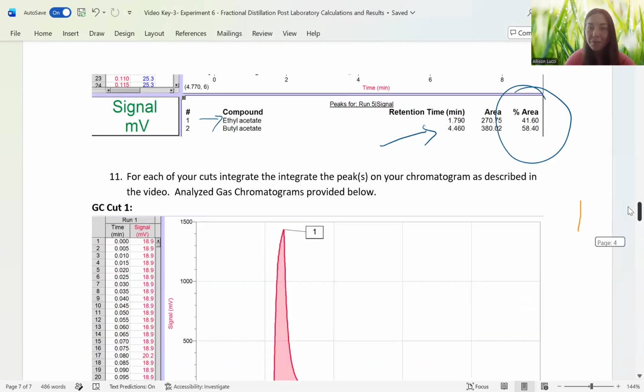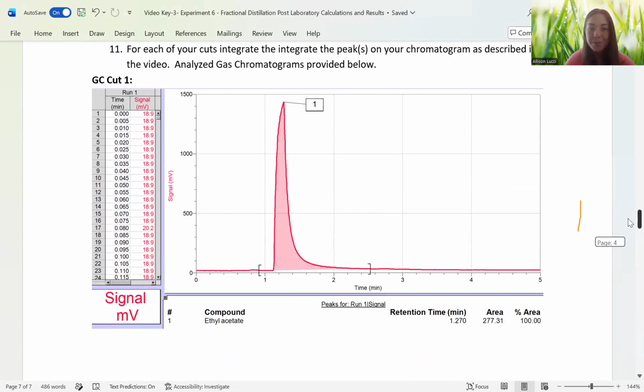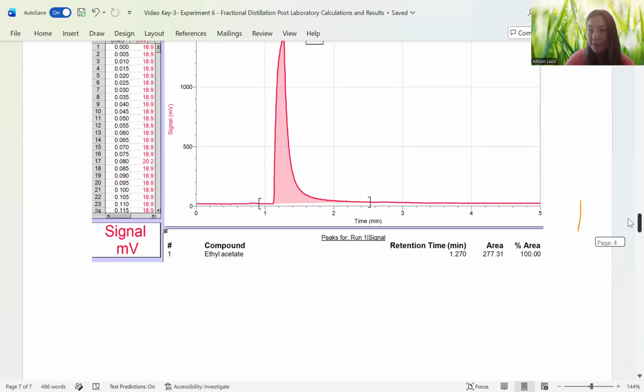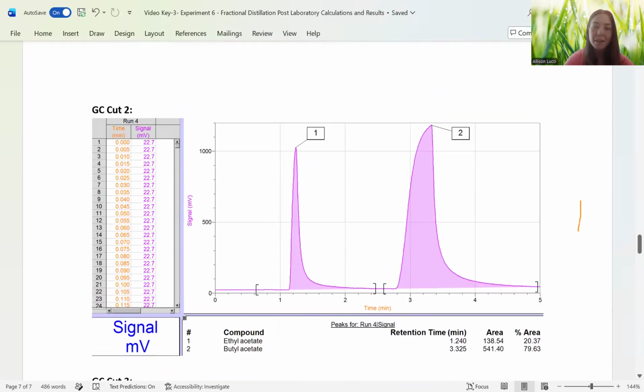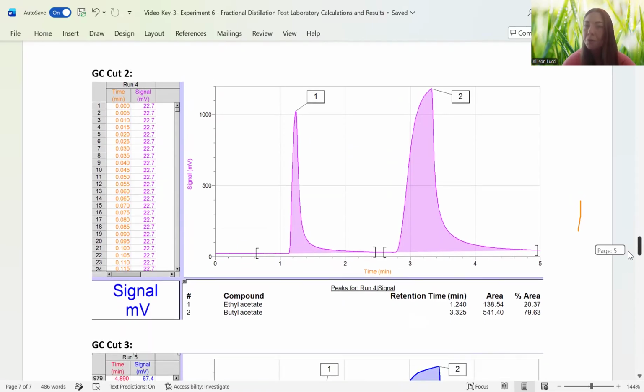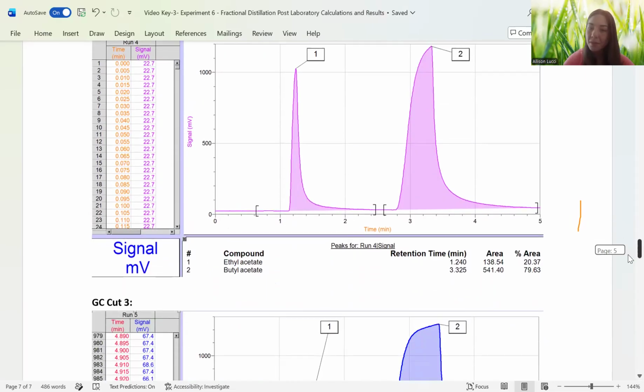Notice in our first cut, we only had that one component. Again, first 10 drops, we expect that to be ethyl acetate coming out first. Now this first peak here looks very similar to our ethyl acetate peaks before. And then we have a second component, which will be assumingly butyl acetate. We have some percent areas shown here after we found the integration, the area under the curves.